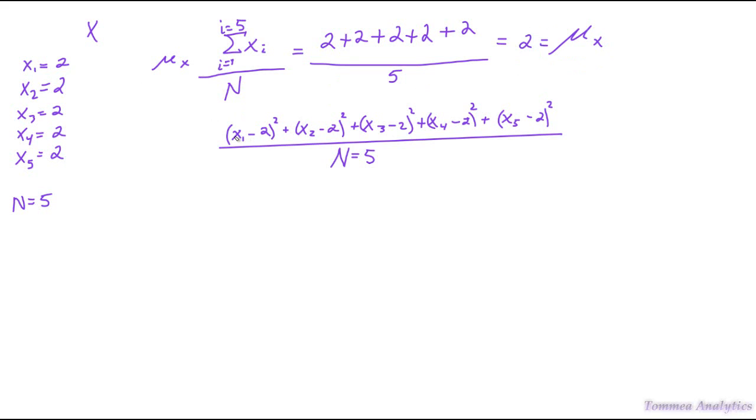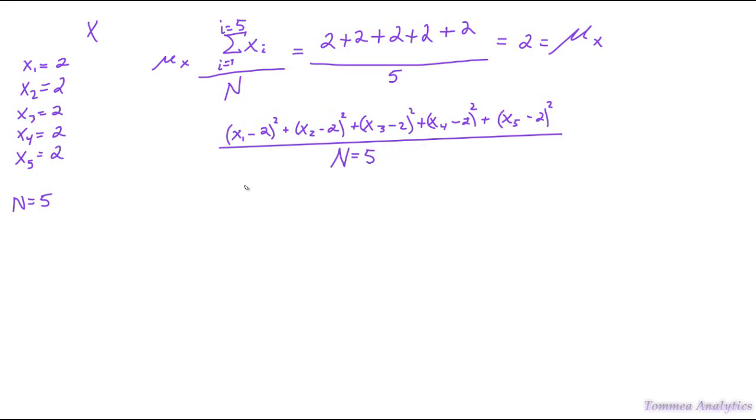That's what this term here means, and then we square it. So it would effectively be 2 minus 2, which is 0. 0 squared is 0. Now we do that all the way across the numerator for each observation, and we divide by the total number of observations in the denominator.